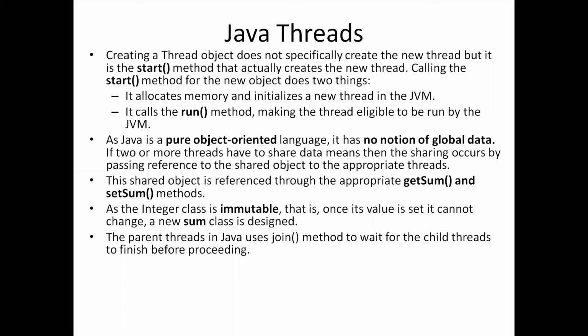If two or more threads have to share data, then sharing occurs by passing references to the shared objects to the appropriate threads. By passing the reference to the shared object to the appropriate threads, we share the data among the threads in Java.